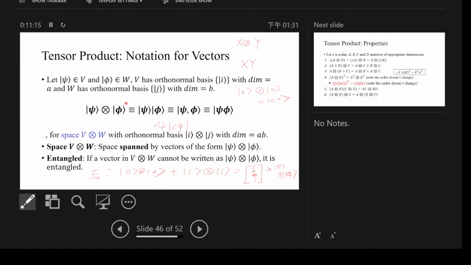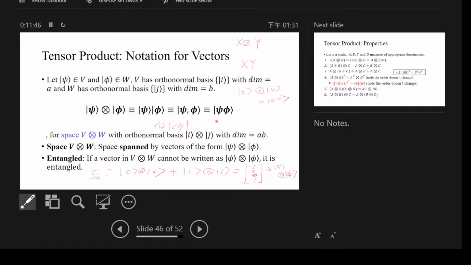The tensor product of them together, if you want to write out everything, is psi, with this cross and circle symbol, which we call tensor, phi. So psi tensor phi. Then sometimes we omit the tensor symbol and just write the ket psi and the ket phi. Then you can get more lazy and just write psi comma phi, and people will get even more lazy and write just ket psi phi.